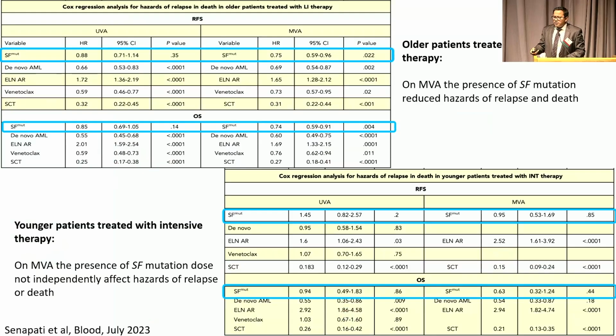In multivariate models, when we used different factors to look at young patients treated with intensive therapy and older patients treated with low-intensity therapy, we actually see that the presence of splicing factor gene mutations, when taken together with venetoclax, leads to slightly better independent reduction in hazards of death, whereas in younger patients, the hazards of death are not changed by splicing factor gene mutation.